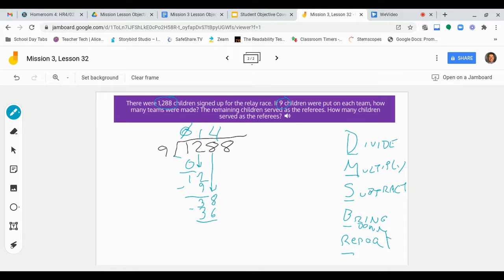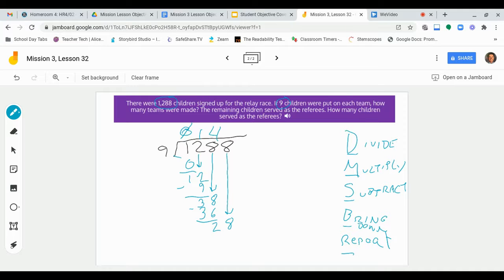Now I'm going to subtract. 38 minus 36 is 2. And now I'm going to bring down that 8. And now I'm just going to repeat the process. 28 divided by 9 is what? How many times does 9 go into 28 without going over? Well, 9 times 1 is 9. 9 times 2 is 18. 9 times 3 is 27. That's awfully close. And 9 times 4 was 36, so that's too high.